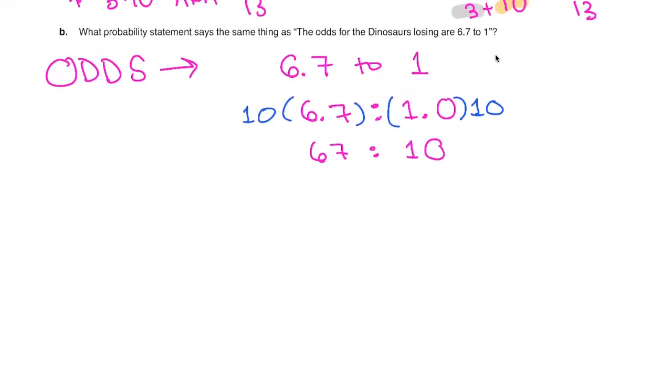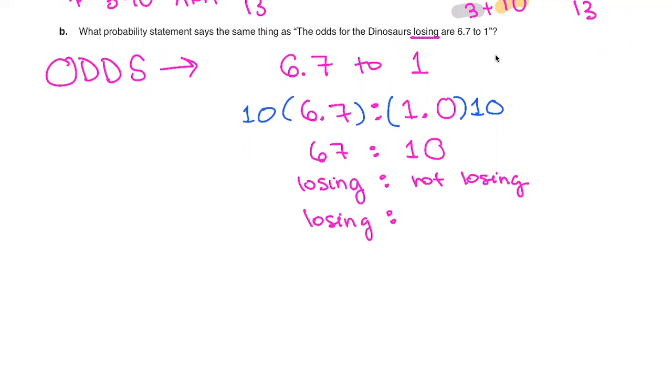Now for this case, losing was said first, so losing goes on the left and not losing goes on the right. All right, to be realistic to what we say, this is losing compared to winning. Though, tying could happen, but win or lose is what we'll look at. The probability looks at favorable outcomes over all possible outcomes.